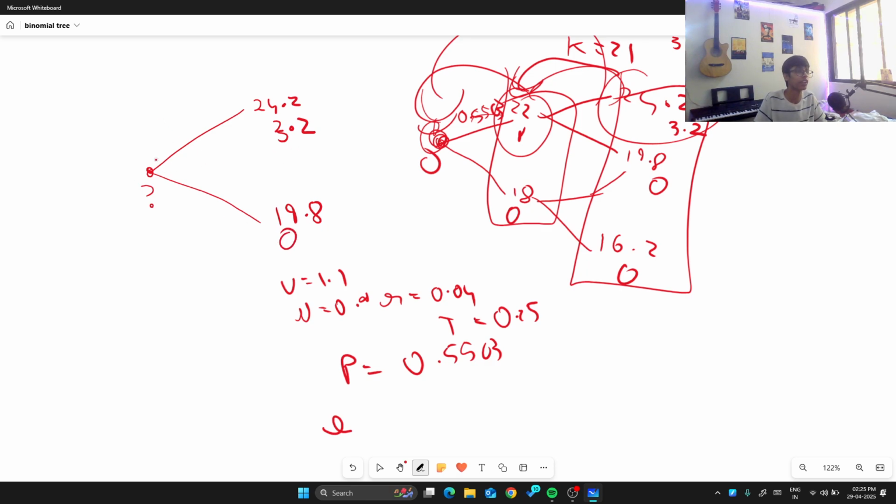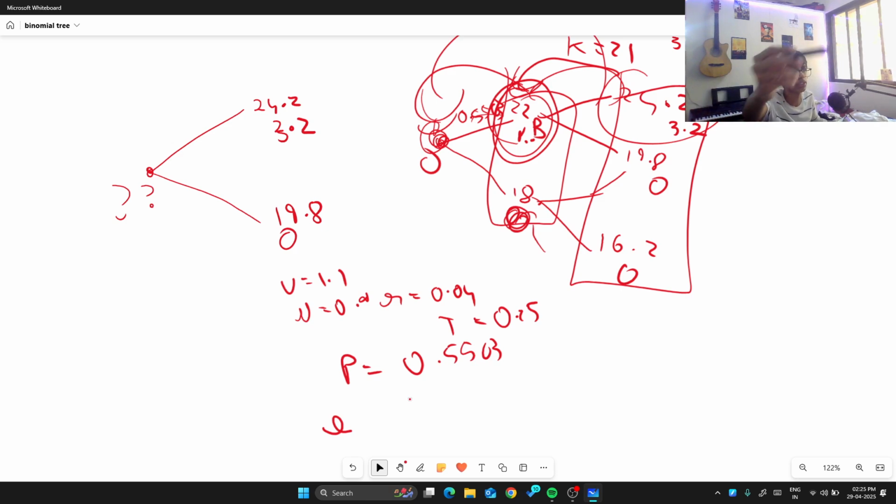We will find the value of this node, then this node, but that value is out of the money, so its value will be 0.